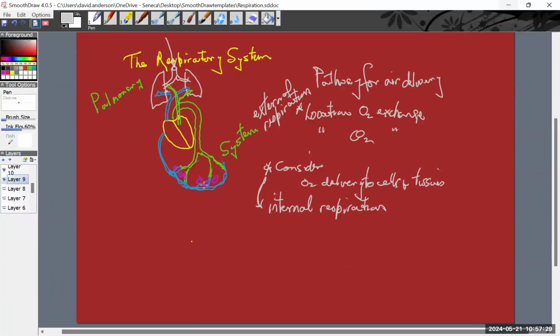And as a result, the veins carrying the deoxygenated blood come back to the heart and are sent up to the lungs in order to replenish that lost oxygen and remove the CO2. So this is sort of a summary picture of the responsibilities of the respiratory system.